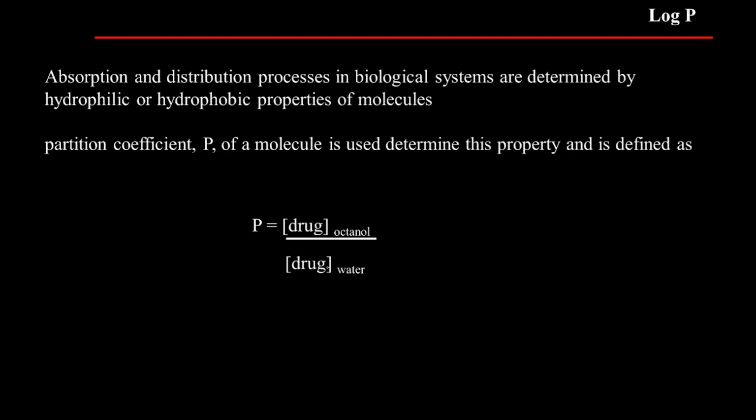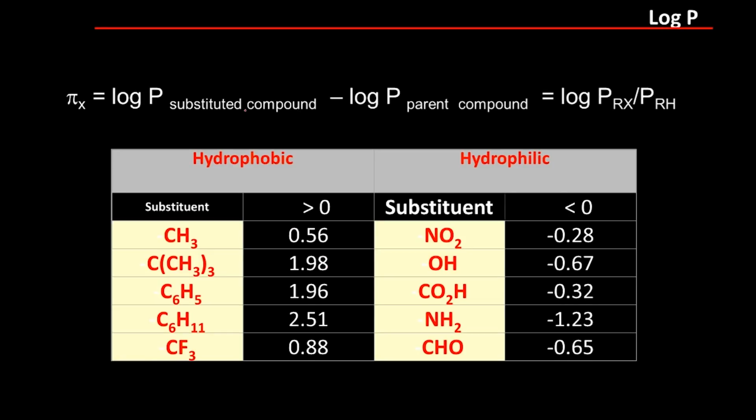So many processes depend on it, and as you can see, depending upon the substitution, each substitution contributes towards log P. For example, CH3 is 0.56, that is more hydrophobic. If you have, say, a tertiary butyl, you have 1.98. Aryl group 1.96, C6H11 2.51.